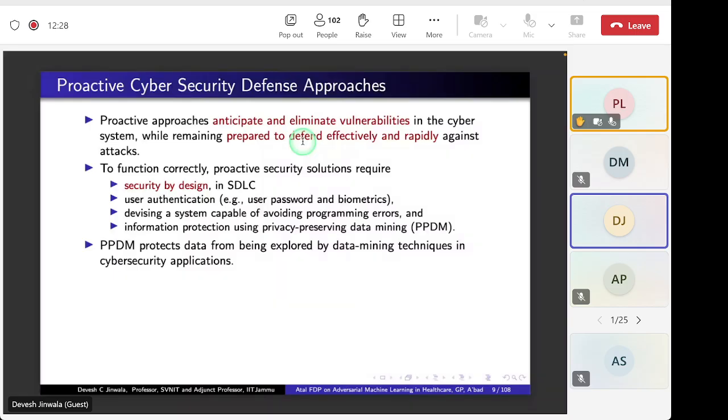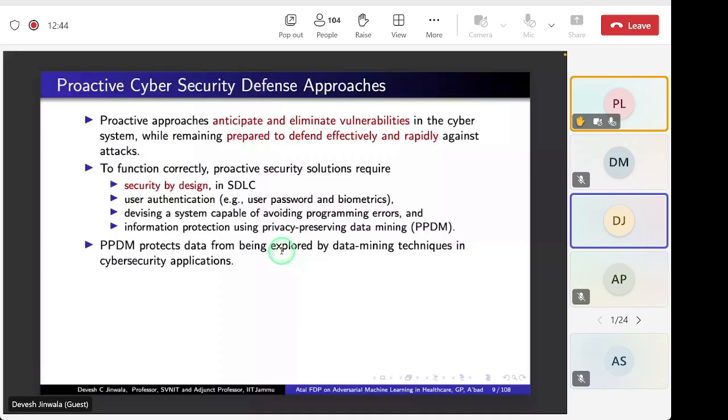And therefore we need to use machine learning when devising security mechanisms.